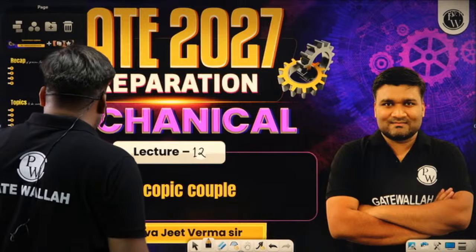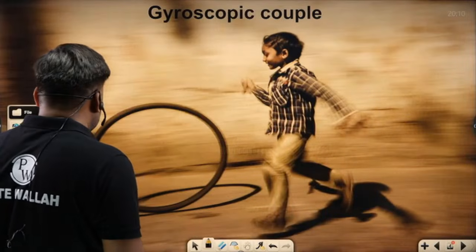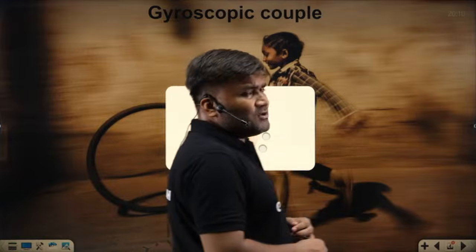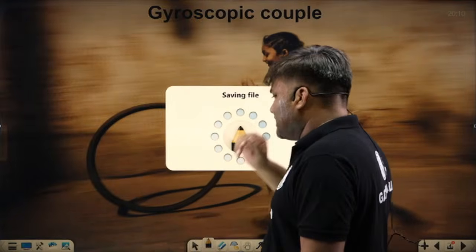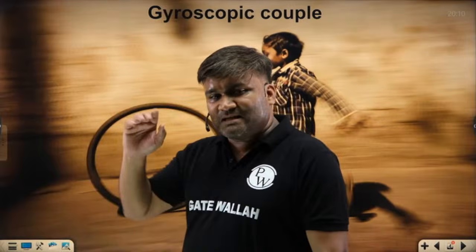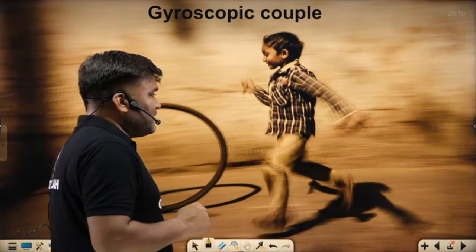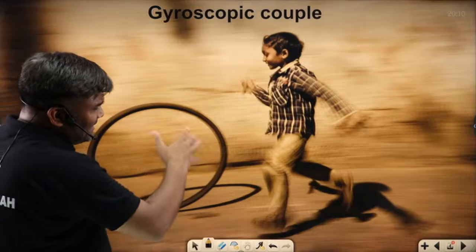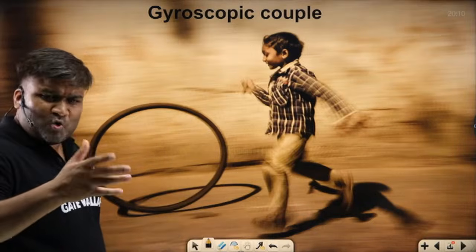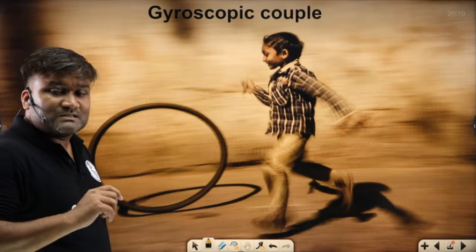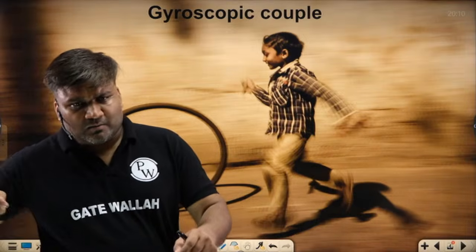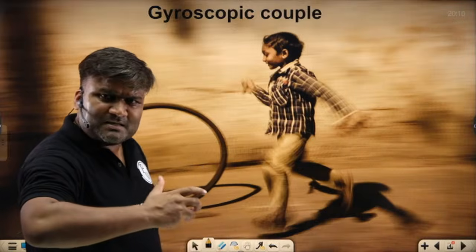Before I start the technical part of the gyroscopic couple, can you tell me how many of you have played this kind of game in my village? We used to do this kind of activity. We used to have an old cycle tire, and we used to play with that cycle tire. The boy hits it, and this tire spins, it rolls.